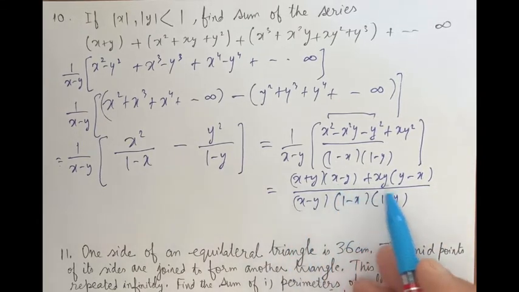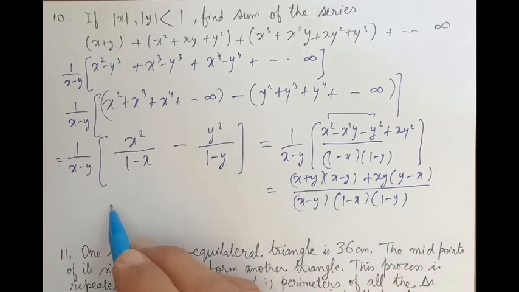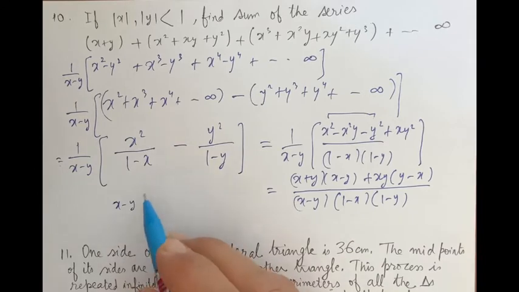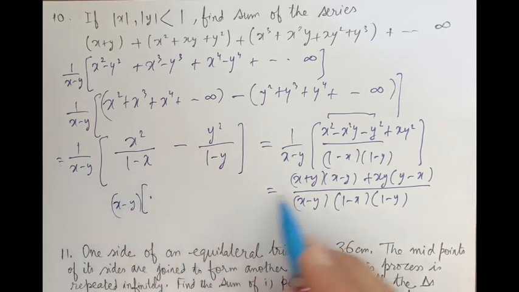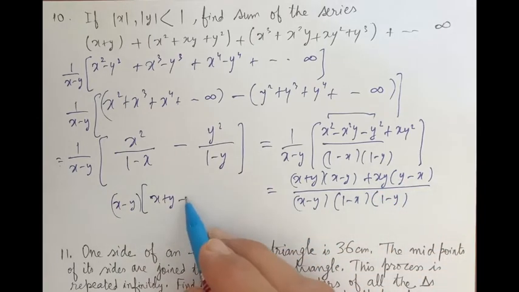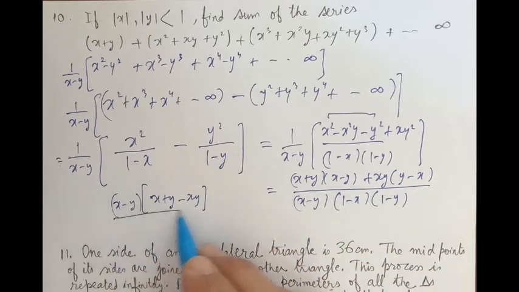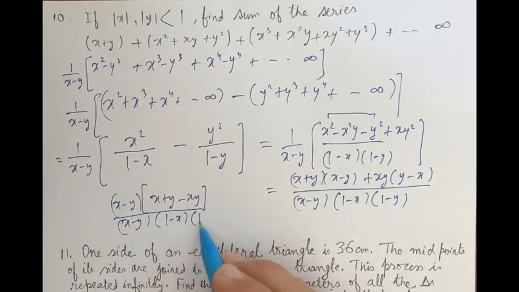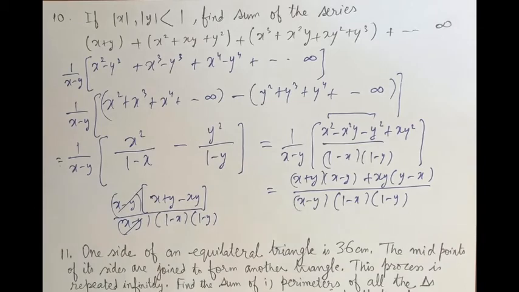This is x minus y, this is y minus x, so we take x minus y common. Inside we will have x plus y minus xy, upon x minus y, 1 minus x into 1 minus y. This will cancel out. So this is the answer.